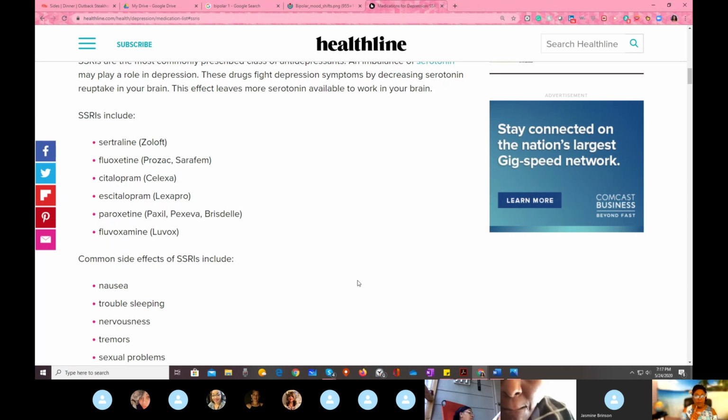By the way, when it comes to autism or ASD, autism spectrum disorder, the same issue goes on. It is an issue with your serotonin. There's not one definitive treatment for ASD. We treat the symptoms.